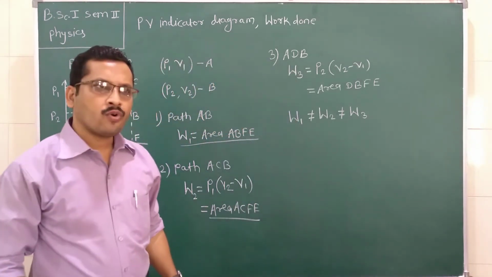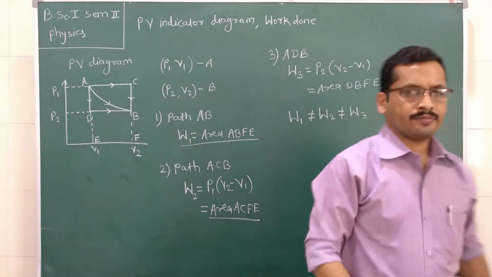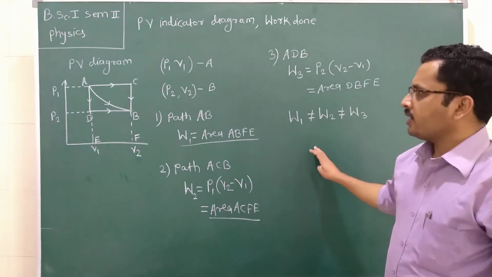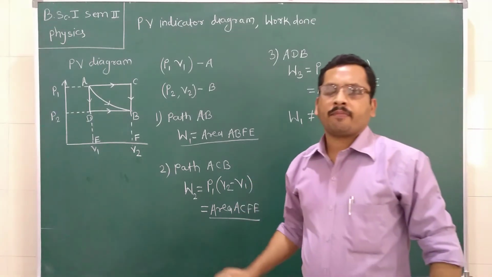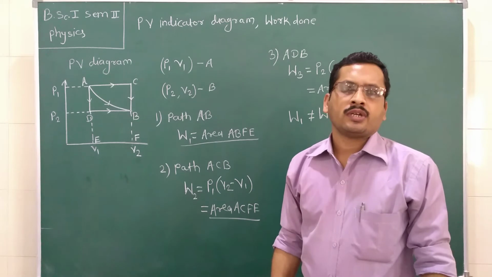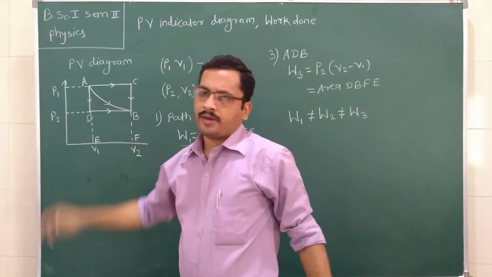Okay, so what is the conclusion we can derive from this? We can conclude that the work done depends upon the path through which the system undergoes changes, and it does not depend upon the initial and final state.